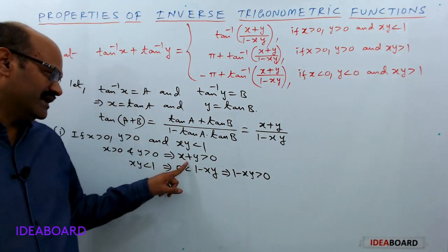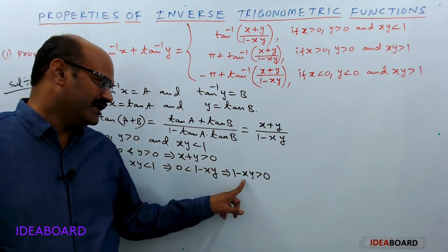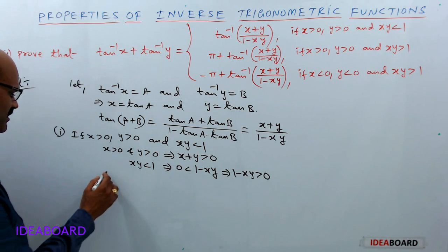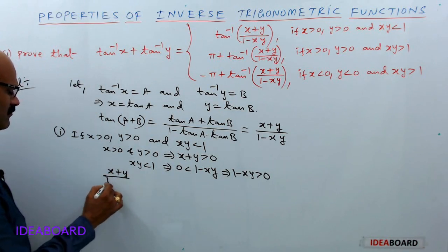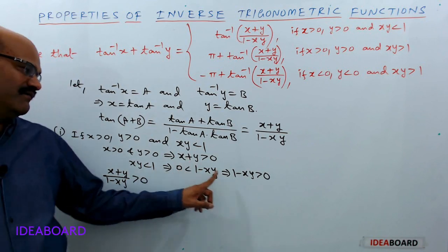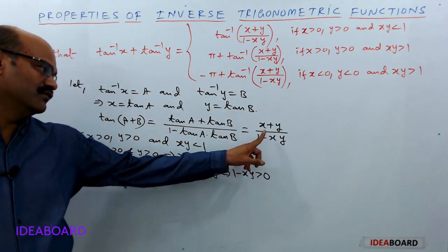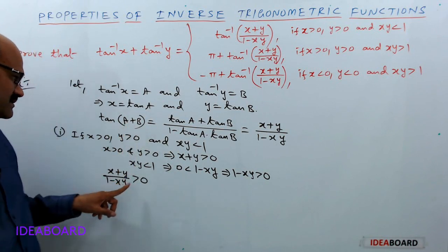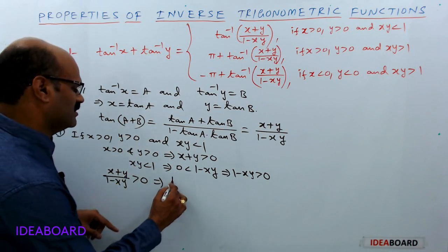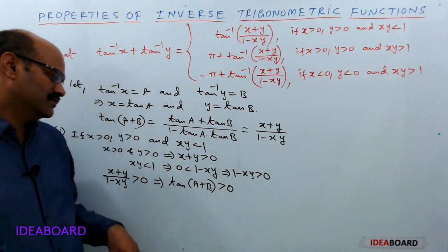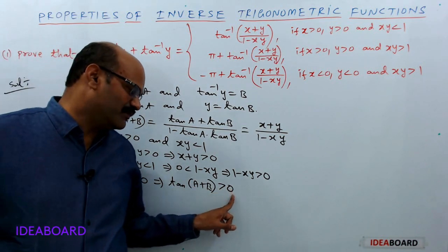Therefore, x plus y greater than 0 and 1 minus xy greater than 0. Then (x plus y) by (1 minus xy) is greater than 0, which is equal to tan of (a plus b). So tan of (a plus b) is positive.